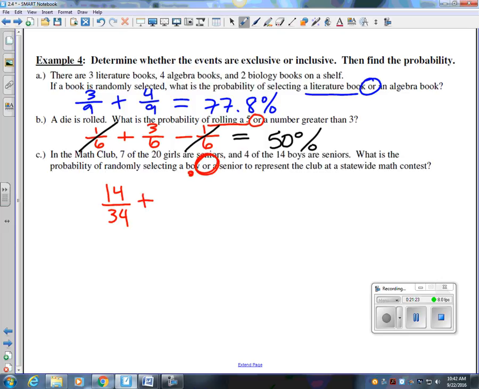Paige, probability of getting a senior. Yep. So the way she got 11 is 7 of the girls are seniors, 4 of the boys are seniors. So 4 and 7 gives you 11. And Austin, is it possible to be a boy and a senior? How many of those are there? Yes. I'll take the answer from anybody. Okay.